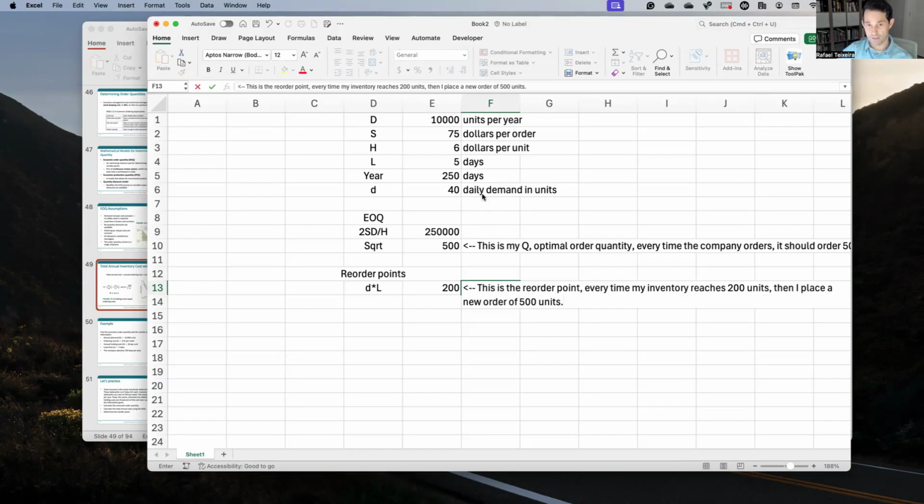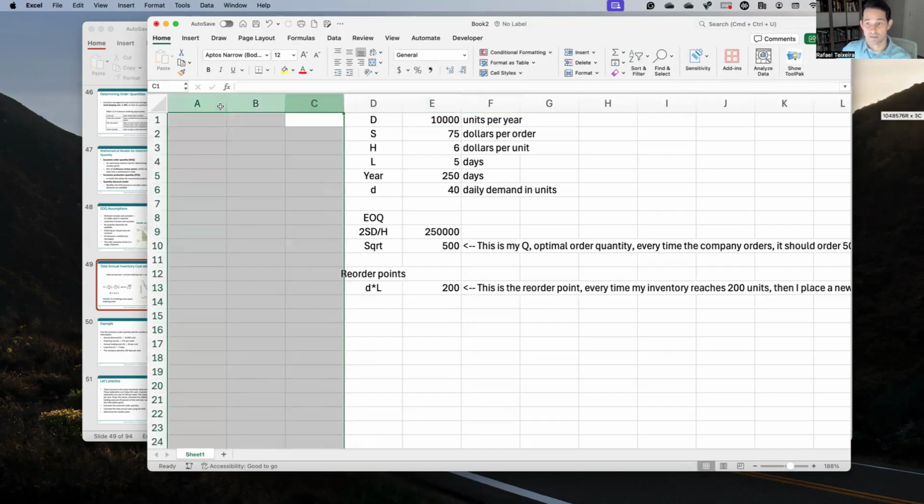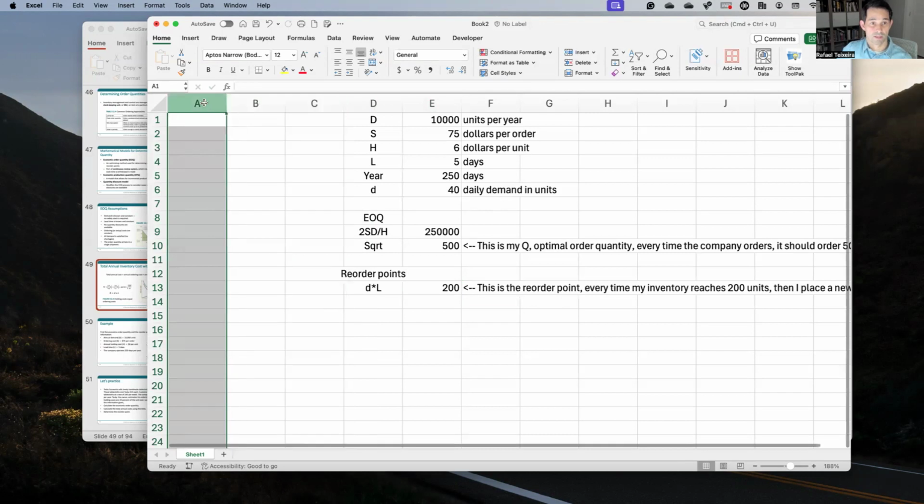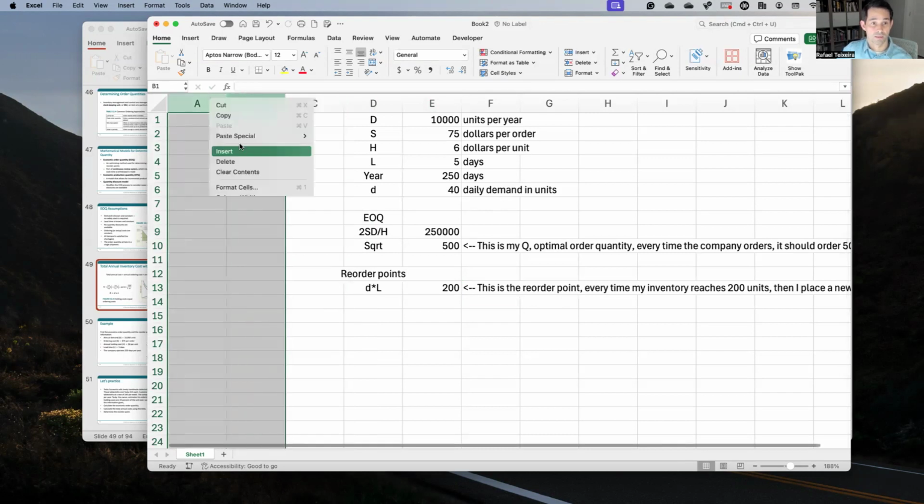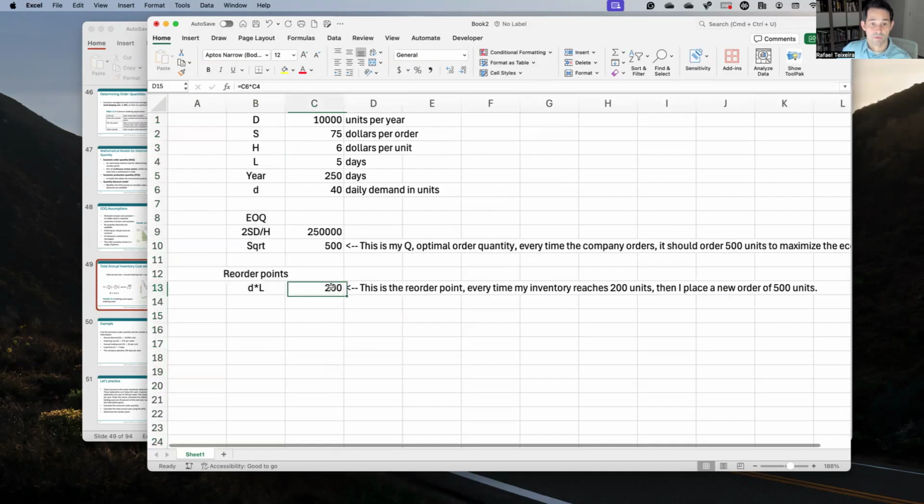Okay? Why 200 units? Because, imagine if it takes 5 days and every day I consume 40 units, then I have to wait 5 days to get the shipment. I'm going to consume 200 units.